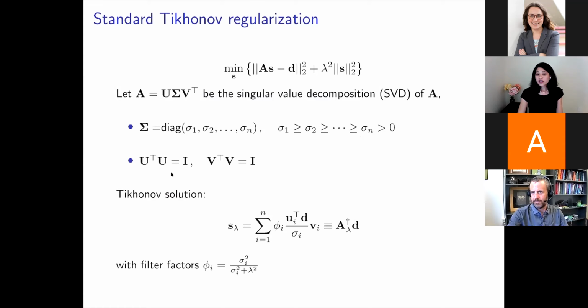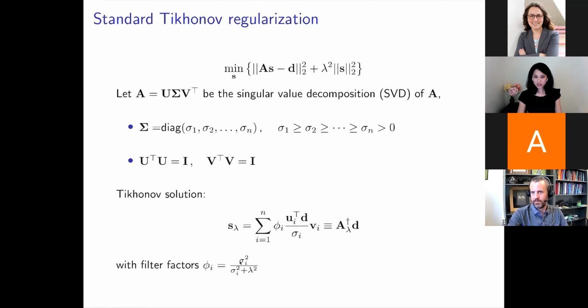And it's a very simple exercise to show that the solution to the standard Tikhonov problem can be written as a filtered singular value decomposition, a filtered SVD solution. So here the solution x sub lambda can be written as a filtered SVD solution, where the filter factors are given by sigma_i squared over sigma_i squared plus lambda squared.